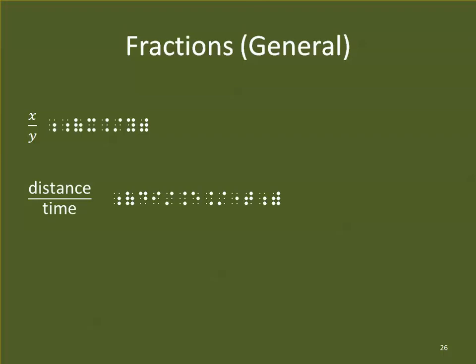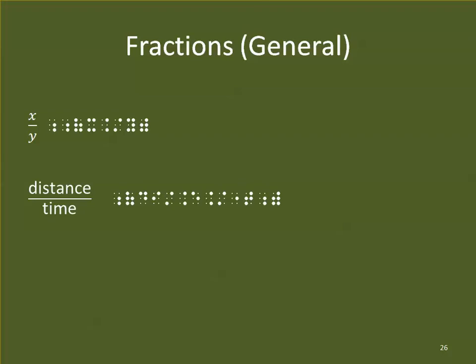We don't want any of this fraction to be read as contractions. Not that the x and y can, they're not standing alone, but for the sake of ease of reading, transcriber's choice, we are saying that this whole thing should be read as grade 1 mode, no contractions. So grade 1 word indicator there, 2 cells of dots 5, 6 for the entire thing.